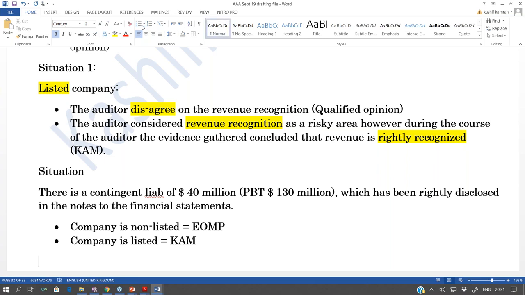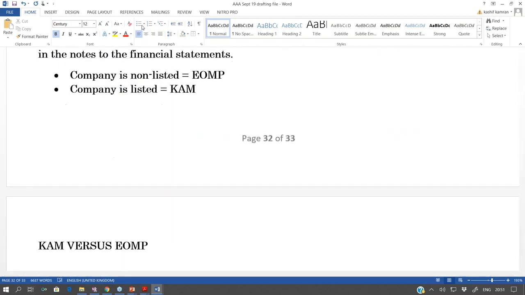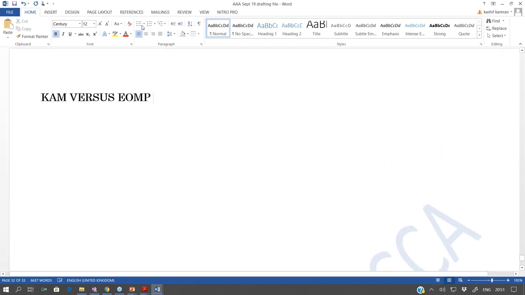A lot of the time students compare CAM versus emphasis and try to impair the meaning of the words CAM and emphasis. First, please understand. Okay, fine. CAM is for listed and emphasis of matter paragraph is for non-listed.